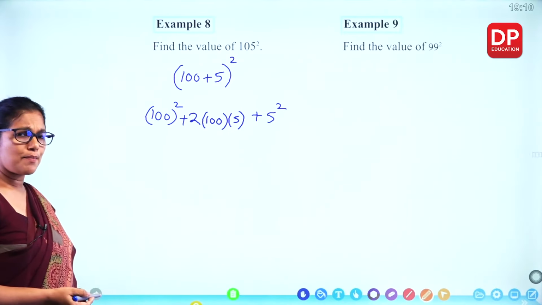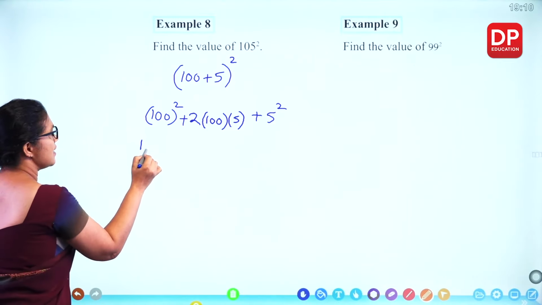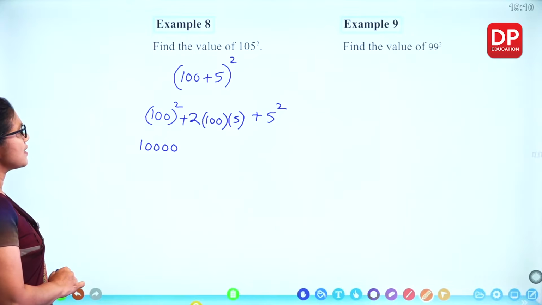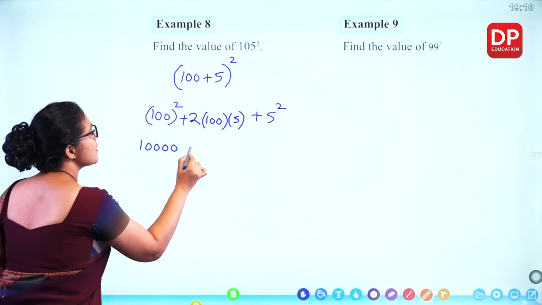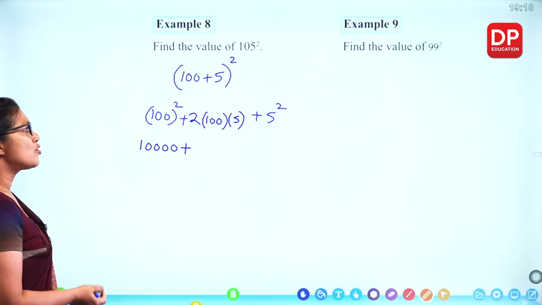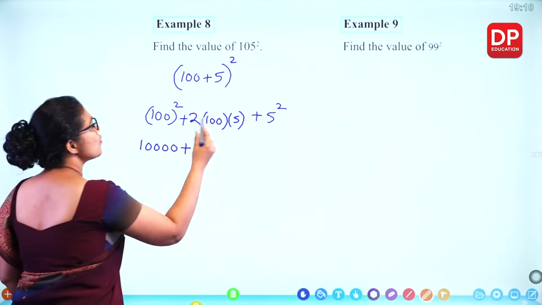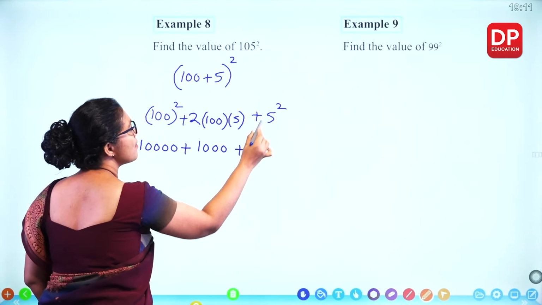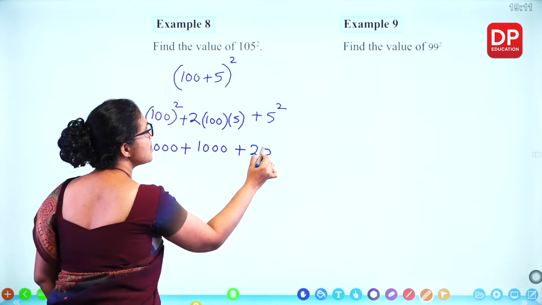What is 100 times 100? You get 4 zeros, so the number is 10,000. What's the middle term? 2 times 100 is 200, 200 times 5, so you get 1000. What's the last number? 5 squared is 25.